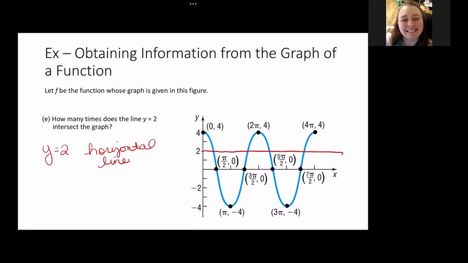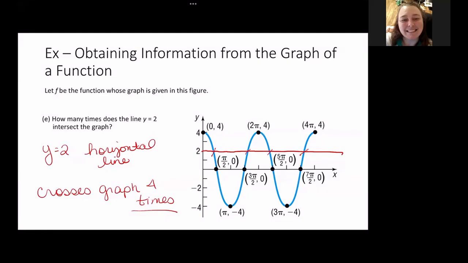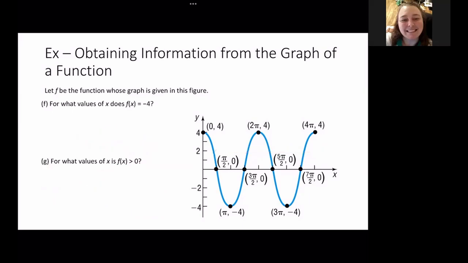So how many times does it cross? 1, 2, 3, 4. It crosses the graph 4 times. All I really did was draw a second graph onto my coordinate system and count how many times they crossed.